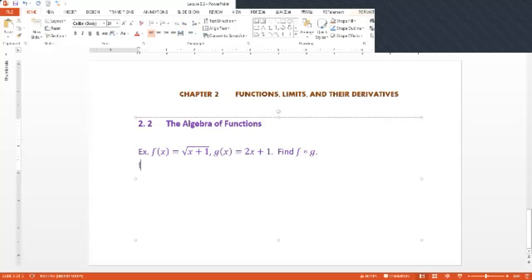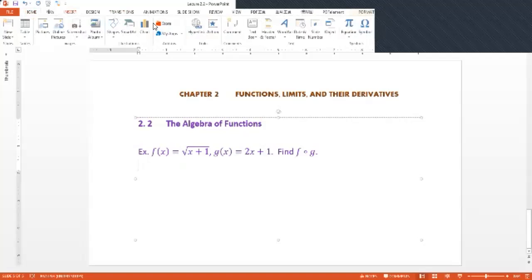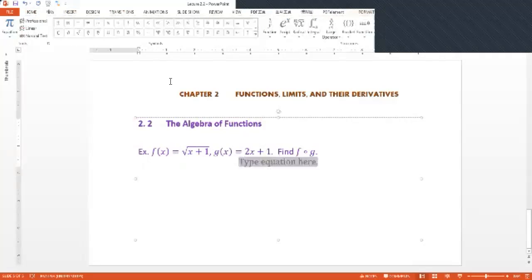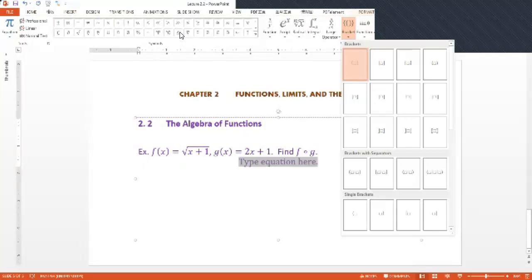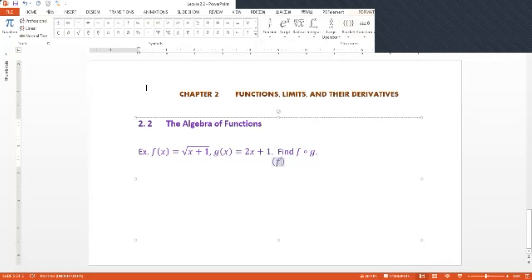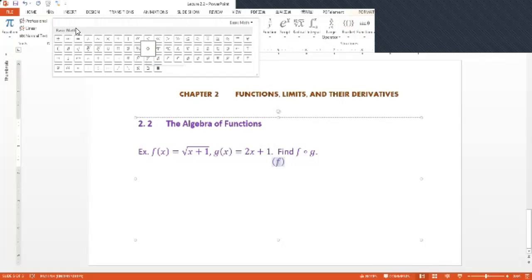f compose g means what? If I just start from the definition, f compose... Sorry, I can't find the composition.